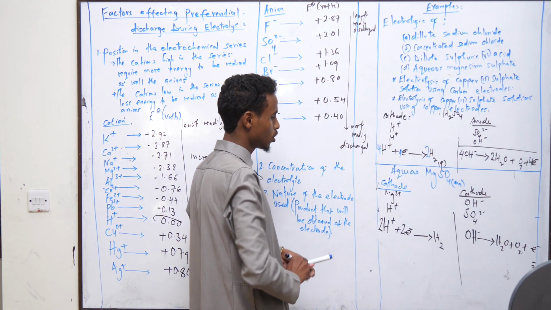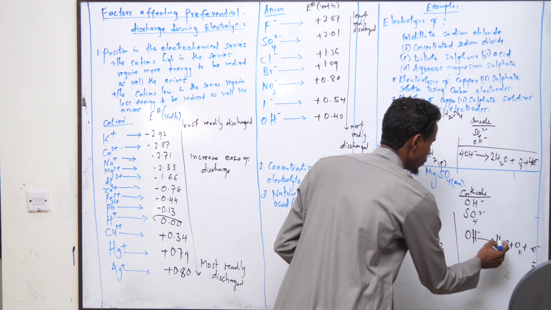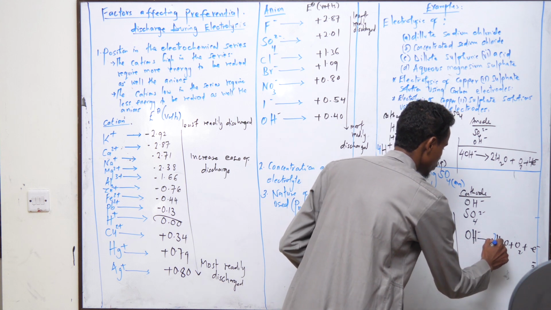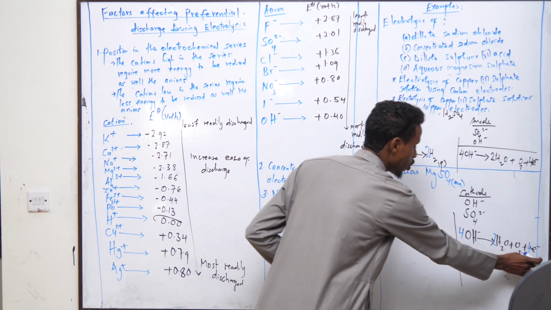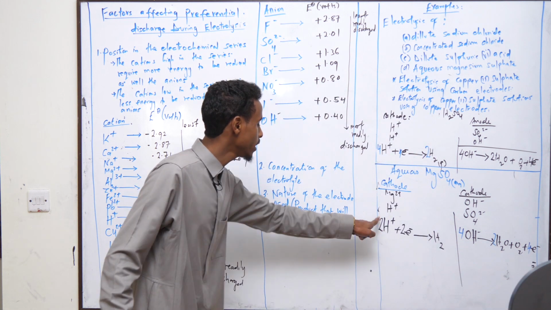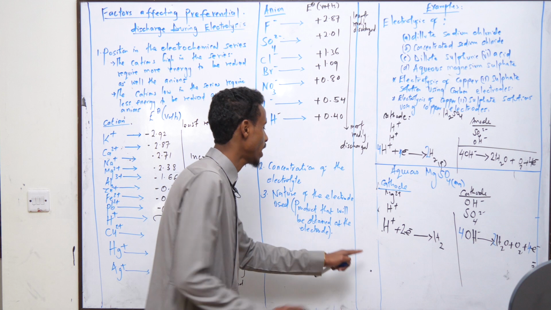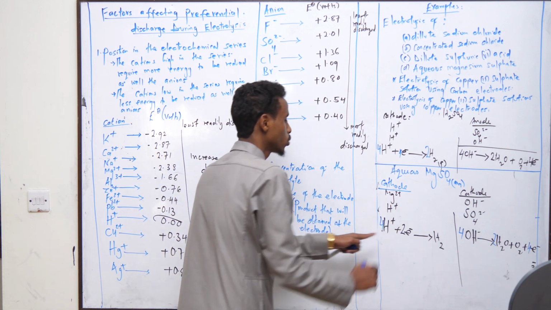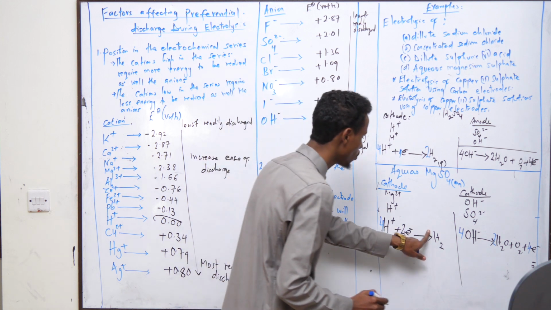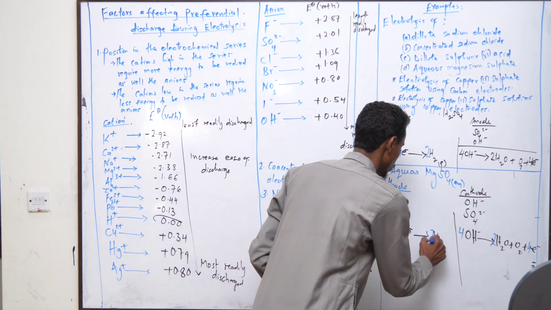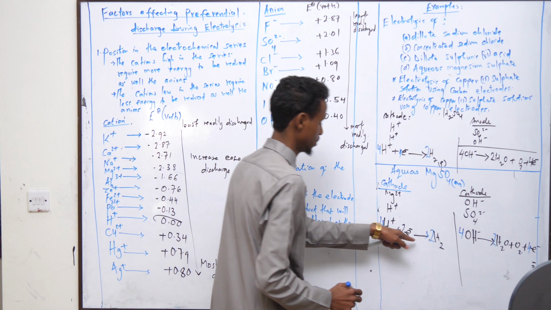Now on balancing, we need 4. We need 4 electrons to be gained by hydrogen, and therefore we require 4 moles of hydrogen ions to gain the 4 electrons lost by the hydroxide. We need to form 2 moles of hydrogen for complete reaction.